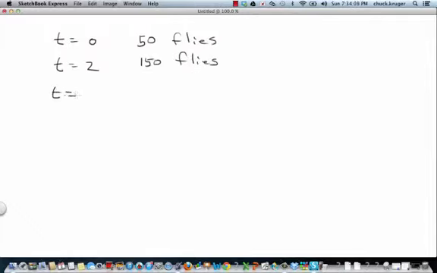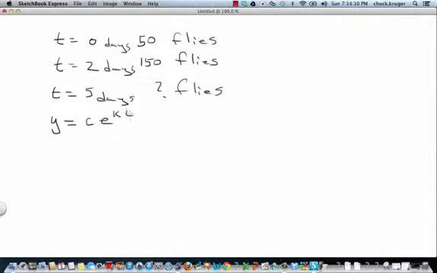These are days, I suppose, I better say, at 2 days. And at 5 days, how many flies will I have? And you are told that this is an exponential function in that particular classical form.